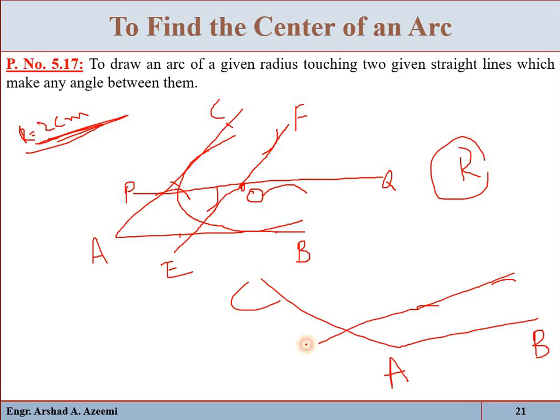Okay, and at distance R, draw a parallel line to AC, and where the two lines intersect each other, that will be the center, and at that center and at radius R, just draw an arc so it will touch the given two lines.